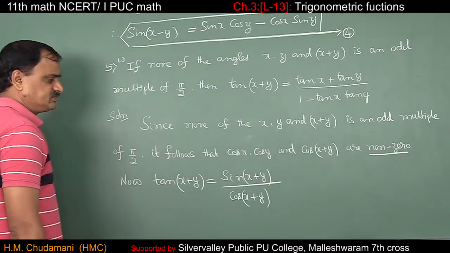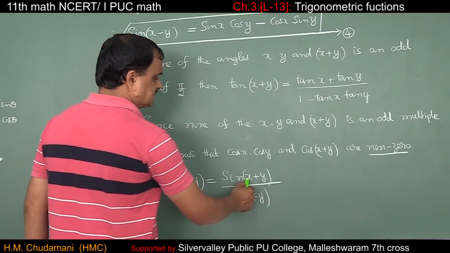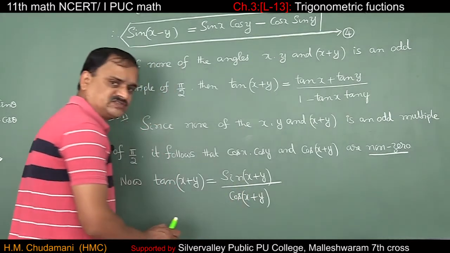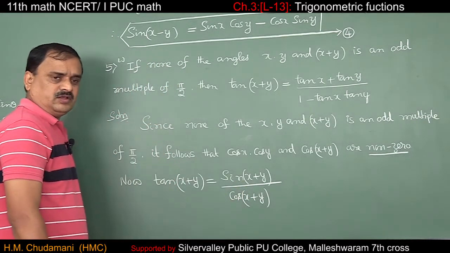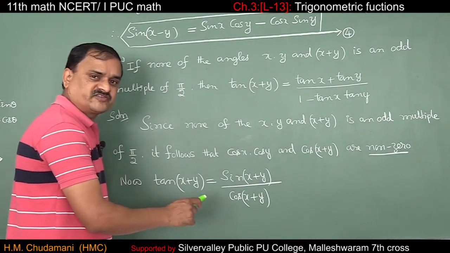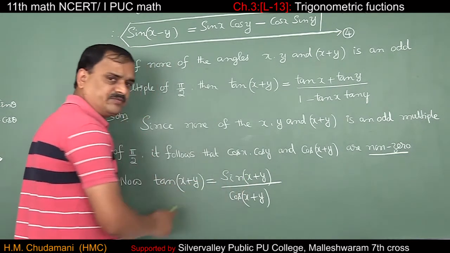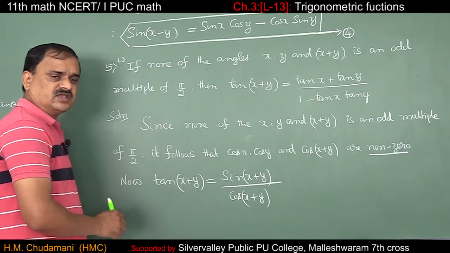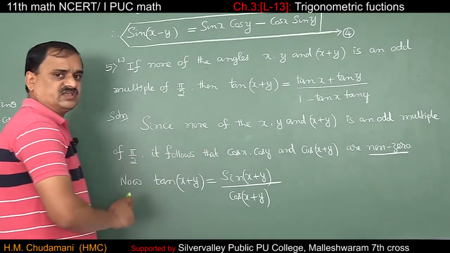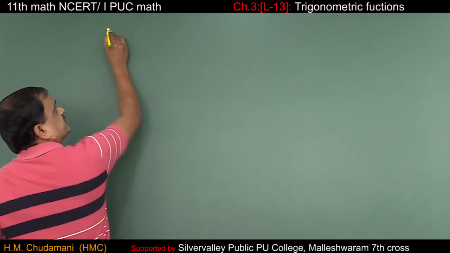We have a formula for sin of x plus y in result number 3 and cos of x plus y in result number 1. Cos of x plus y means cos x cos y minus sin x sin y, whereas sin of x plus y in result number 3 is sin x cos y plus cos x sin y. You just substitute there.